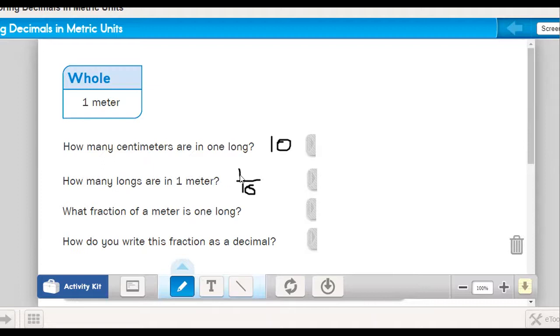Or we would say, sorry, 10, and our fraction would be 1/10 here. Okay, so I fixed that. How many longs are in 1 meter? 10. So what is the fraction? What fraction of the meter is one long? We'd say that's 1/10. And then how do we write that as a decimal? 0 and 1/10.